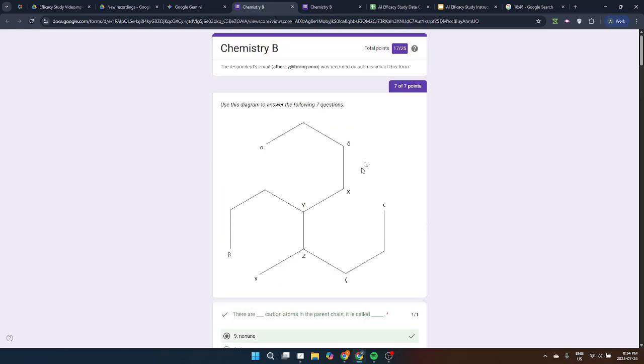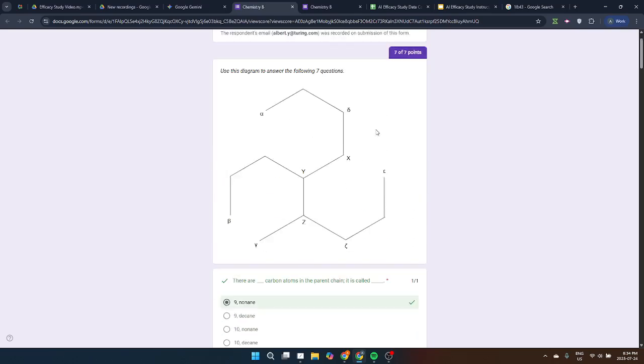And then to determine numbering, I remember saying that numbering will begin at the carbon, so it's going to be either alpha or epsilon, right? So it's going to begin at the carbon with the closest side chain. Counting from alpha, we have 1, 2, 3, 4, 5, and we come across this propyl group side chain here.